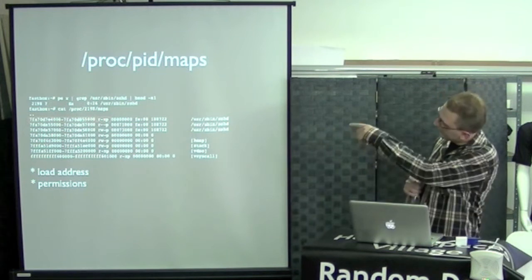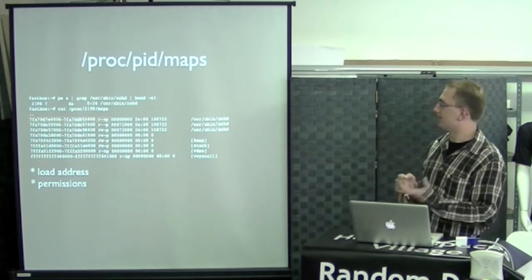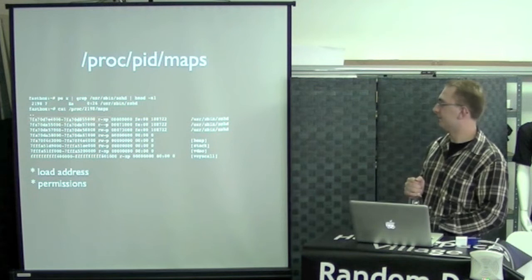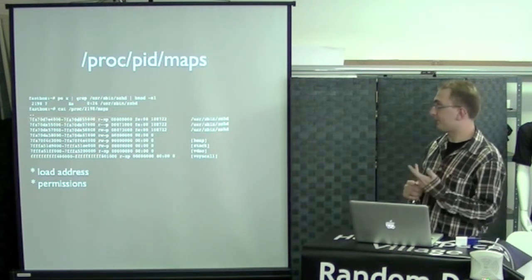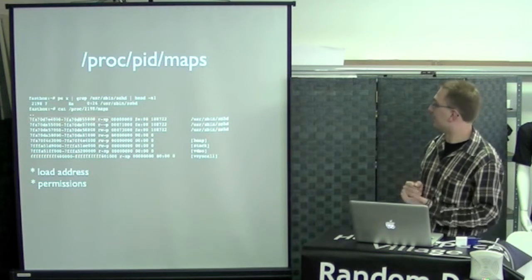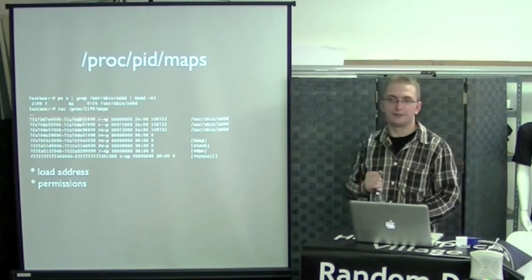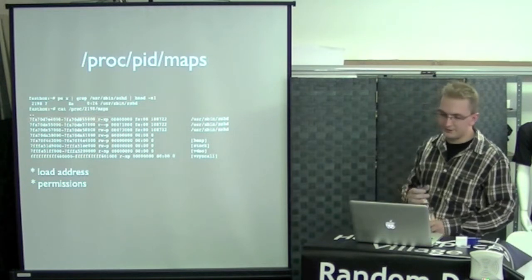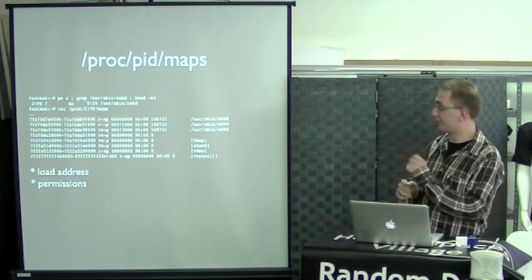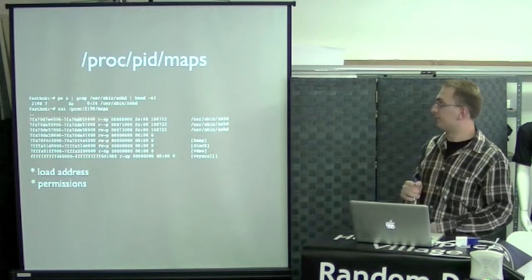Then we have another rectangle, which is a permission mask for the pages. So you can have pages that are readable, writable, executable. I don't know what the P stands for actually, maybe someone will say. No. But the important parts here are the load address and the permission mask.